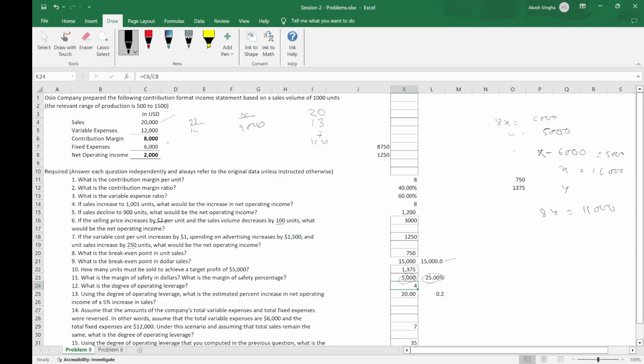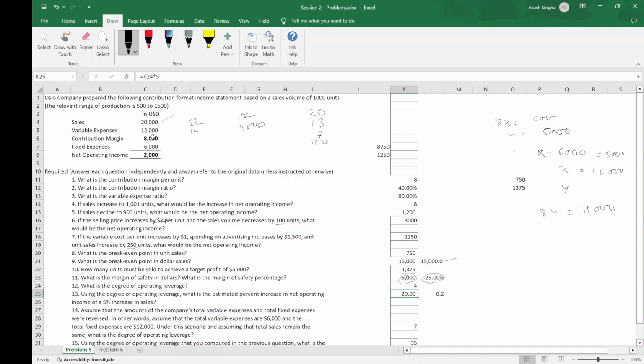What is degree of operating leverage? Degree of operating leverage is the ratio between contribution margin and net operating income, right? Which means if the contribution margin is 8,000, the contribution margin is four times the net operating income.